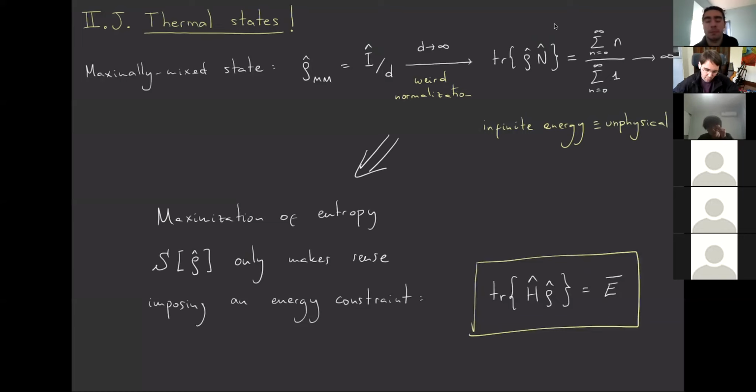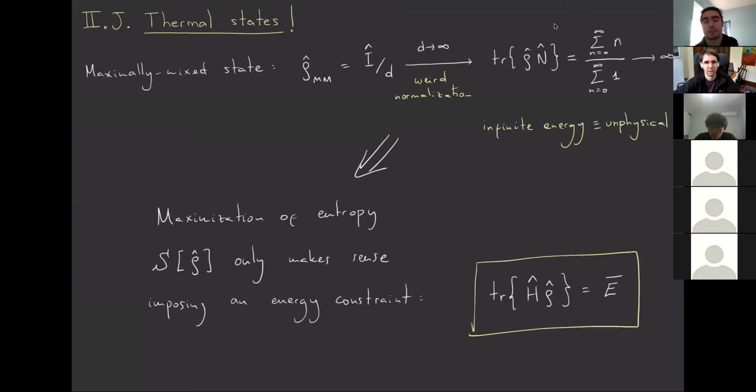So then what we are going to find is the state, rho, that maximizes the entropy, so it's as mixed as it can be for a given value of the available energy or available mean energy.